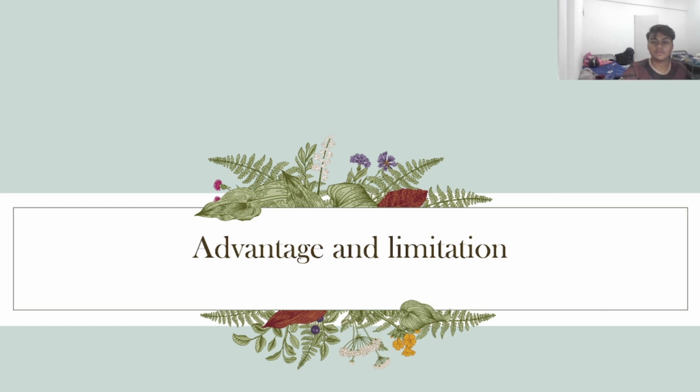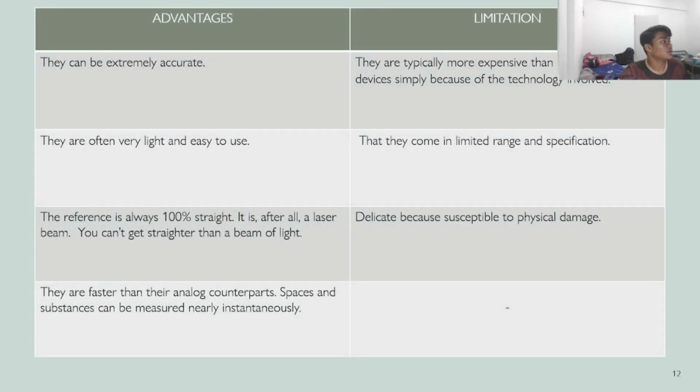Now I want to explain to you about the advantages and the limitations of our new sensor, which is the laser measurement sensor. The advantages are many, and we can conclude that the first point is they can be extremely accurate. Second, they are often very light and easy to use.